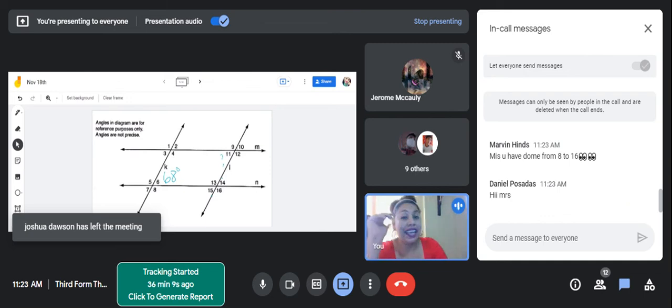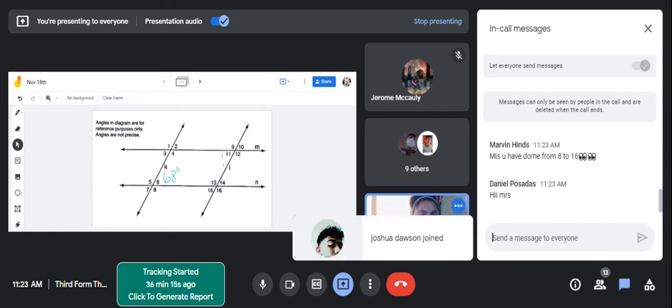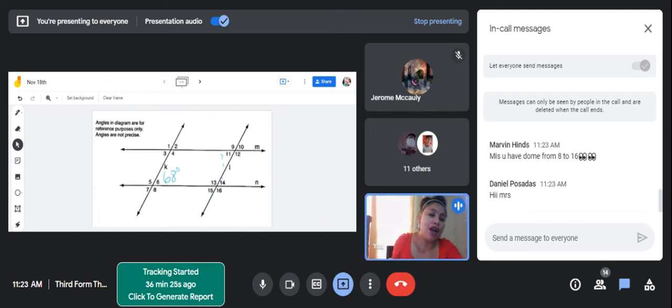I said I cannot do all of them, so we're gonna do one more. So I jumped from I don't know what question all the way to number 16, because number 16 is this one. And up to now, nobody has given me the answer to this one.